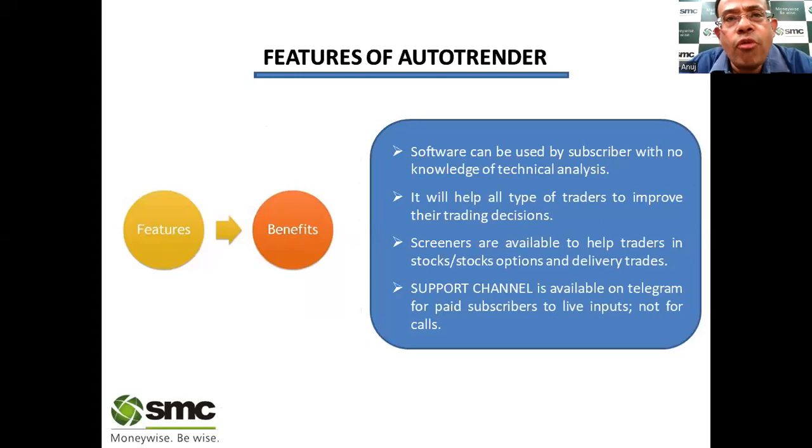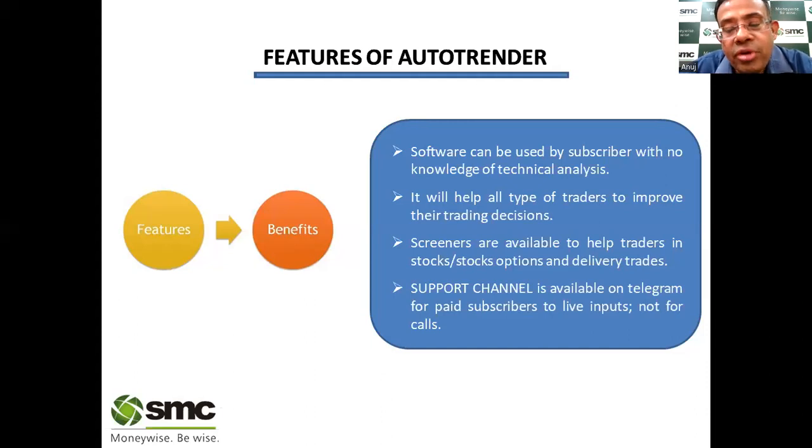Coming on to the features of Auto Trader, by now you must have known that to use this software, you don't need any technical analysis knowledge. Even if you have zero knowledge of technical analysis, that is okay, because through Auto Trader, we believe that output driven analysis is much more important than the basic input analysis.